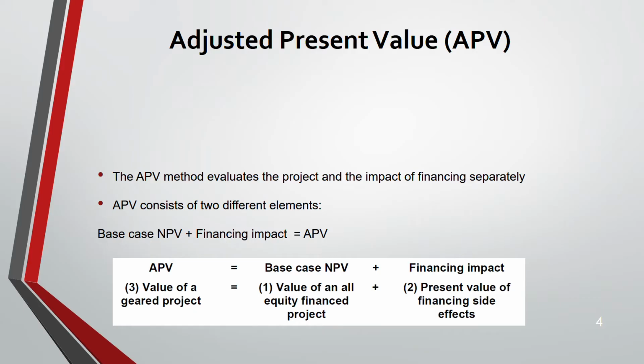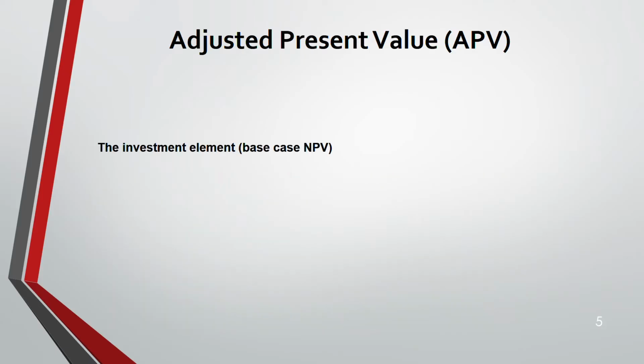First is base case net present value, the value of an all equity financed project. Then we have the present value of financing side effects. That is the second. And the third is the value of a geared project. Why geared? Because you are taking the financing also with your base case net present value and it becomes a geared project, which is your adjusted present value. Now, let us go to the investment element. That is your base case net present value first.